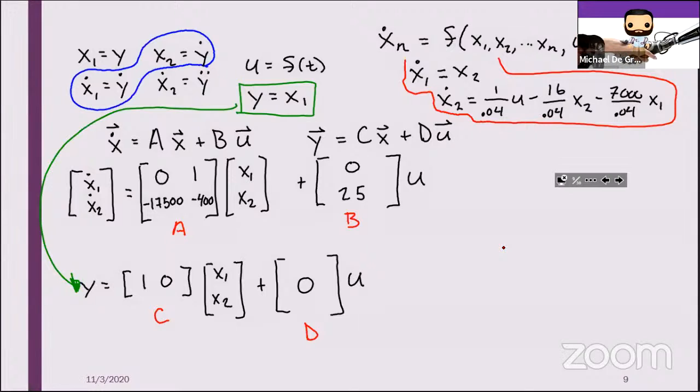Before we jump into the Simulink, does anybody have any questions about how I came up with the state space representation here? I had a question. This is probably a simple answer though. The output state space equation, the C matrix, how did you know that was a 1x2 or a 2x1 instead of like a 2x2?